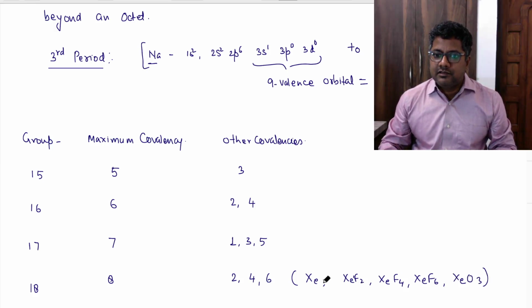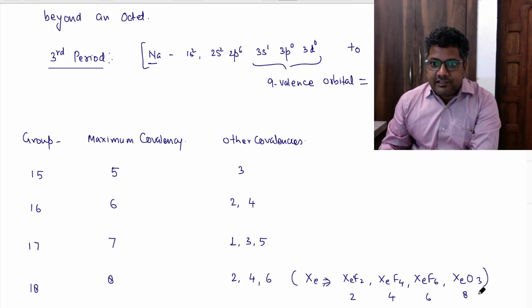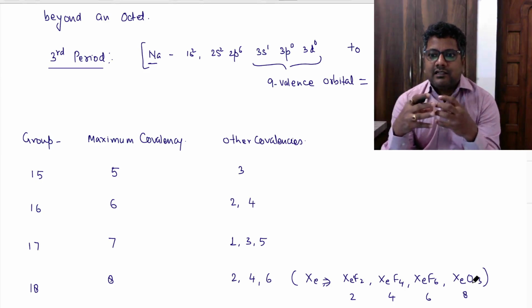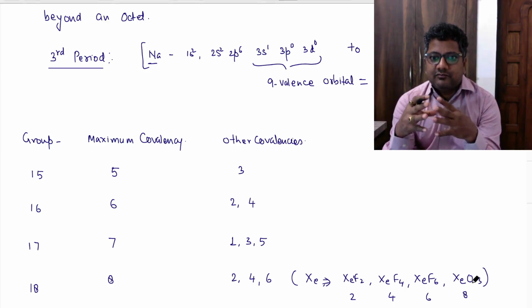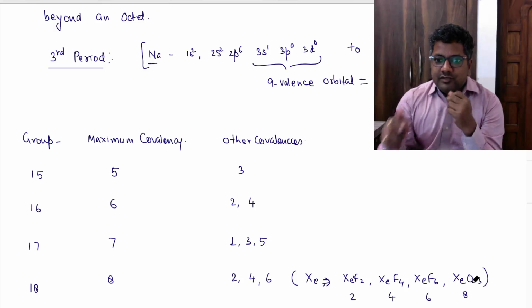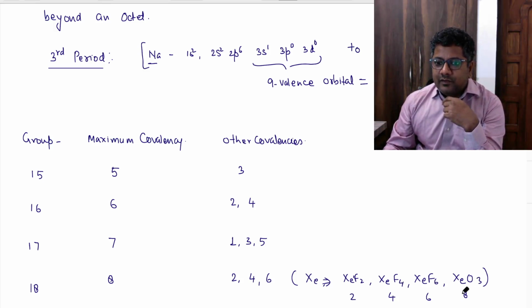So here covalency is 2, here 4, here 6, and here 8, right? See, covalency and the number of atoms connected to the central atom are both different terms. That is called coordination number. So don't think that if covalency is 2 then 2 atoms, 4 then 4 atoms, 6 then 6 atoms, and if covalency is 8 then there should be 8 atoms. Not like that.